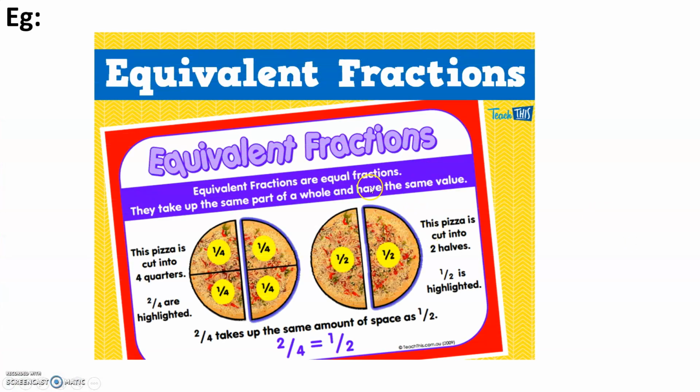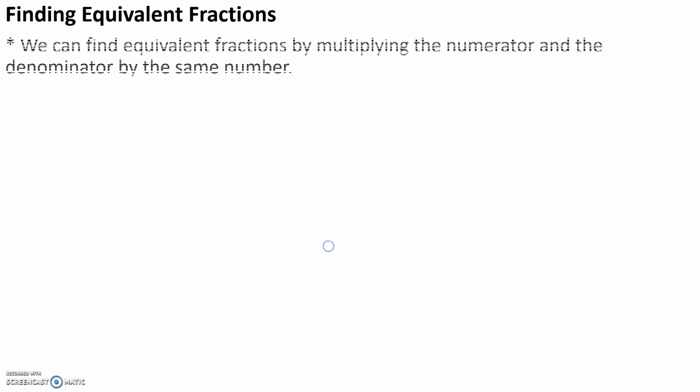For example, say this pizza. If we see this pizza, it is divided into 2 and again it is divided into 4. So all this is the same part. Now, how to find out equivalent fractions? There are two methods.